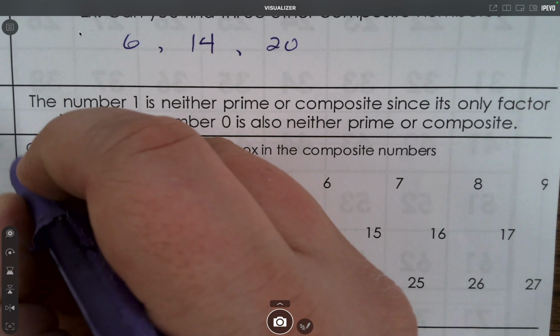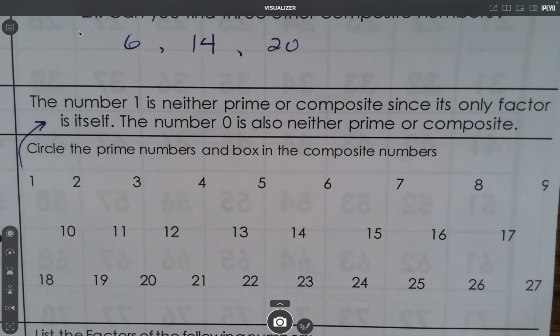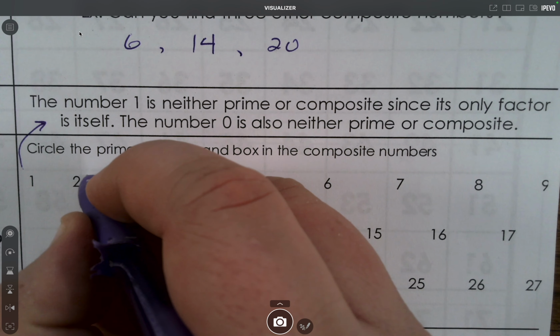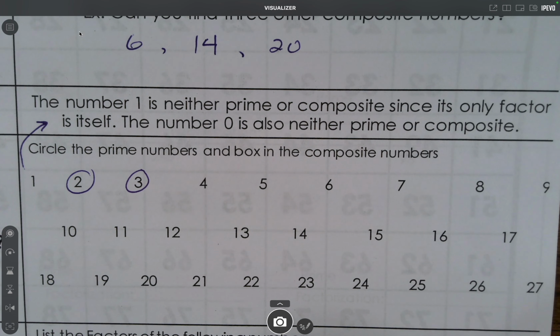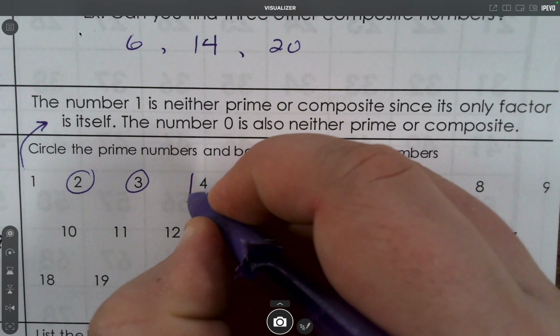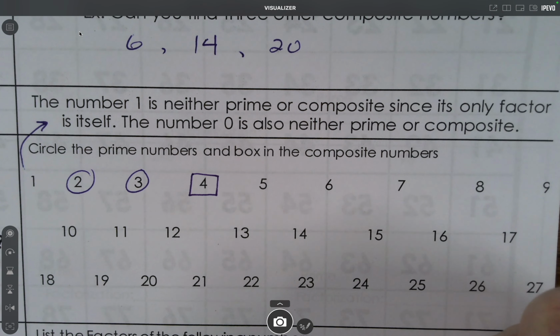Okay, 1's neither, so I'm not going to box it or circle it. 2 is prime, its only factors are 1 and 2. 3 is prime, its only factors are 1 and 3. 4 is composite, 1, 2, and 4.